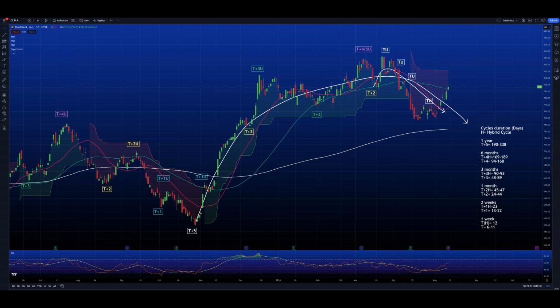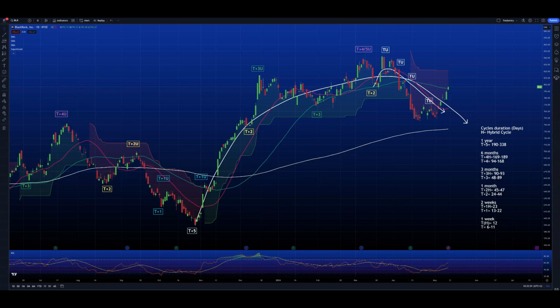Now we have to get the time. We are now at 45 bars. So we have the conditions to say that this looks like a T plus 5, because within 2 days, if we are not going back to the top really soon, then this is a T plus 5.